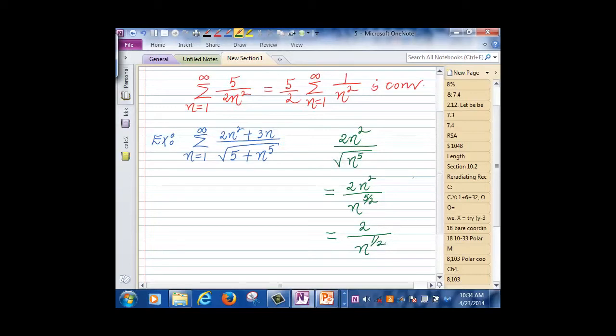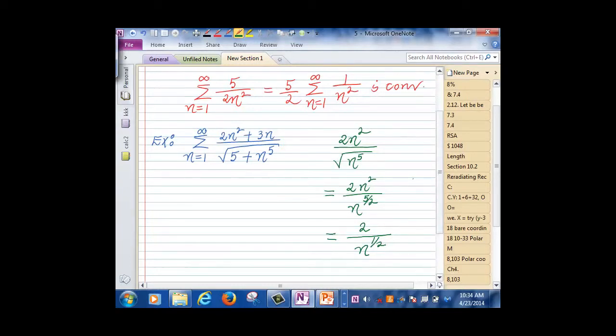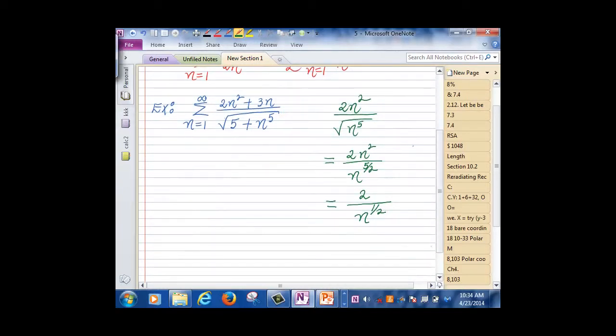Everybody is okay with that. So I am going to compare this. My intuition is that this is comparable to the series sum n going from 1 to infinity of 1 over n to the half.